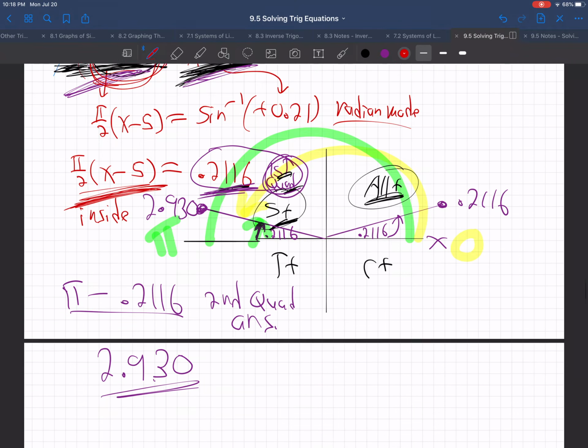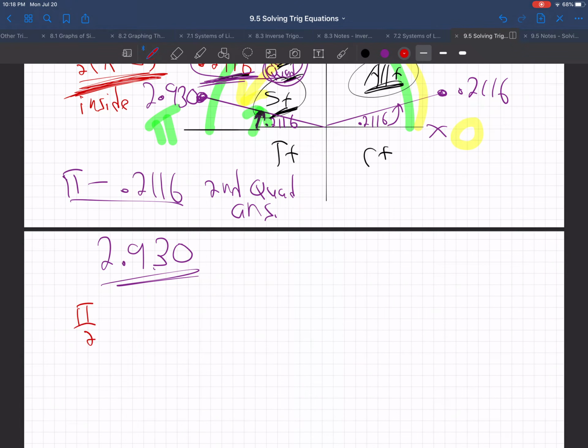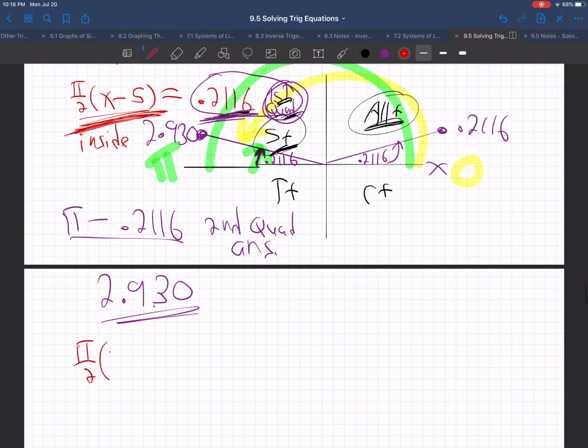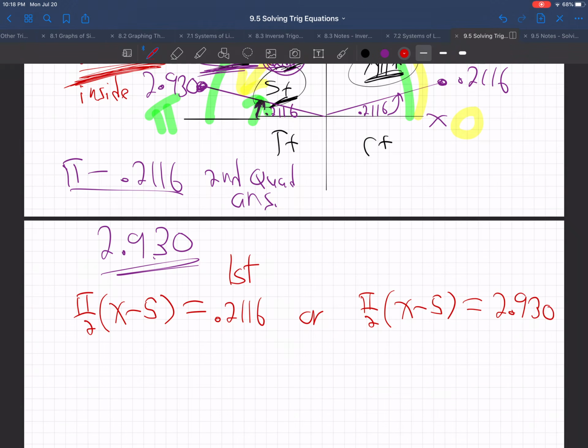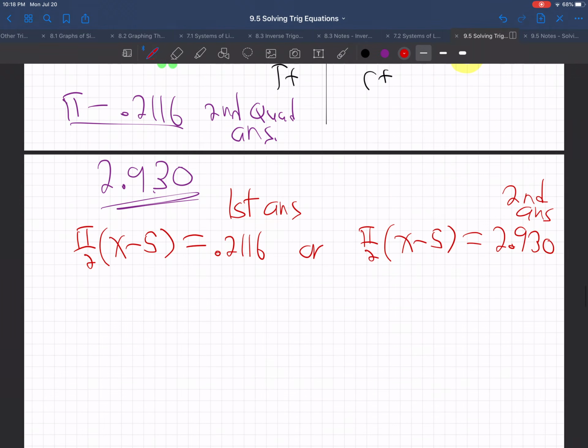So we just found out that the angle, pi over 2 times x minus 5, that inside is equal to 0.2116, or pi over 2 times x minus 5, that inside is equal to 2.930. So I take those two answers, the first quadrant answer and the second quadrant answer, and then you finish it from here.